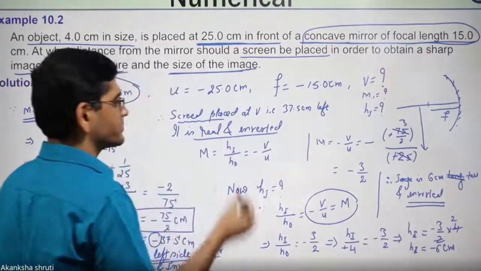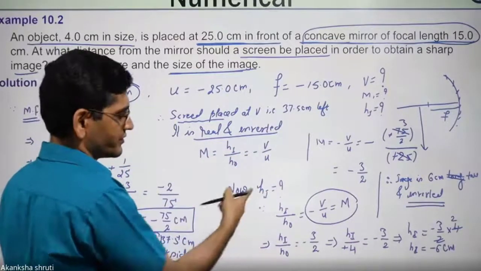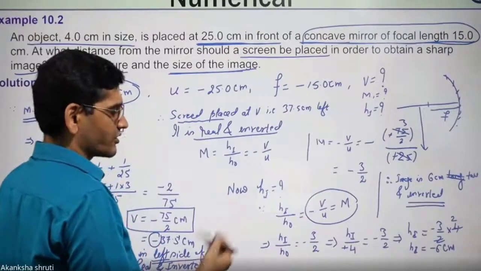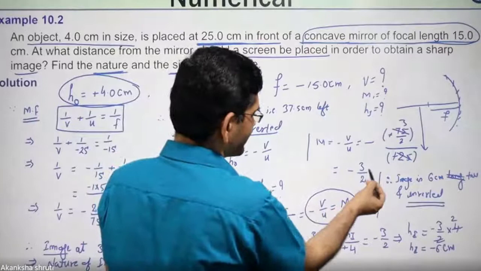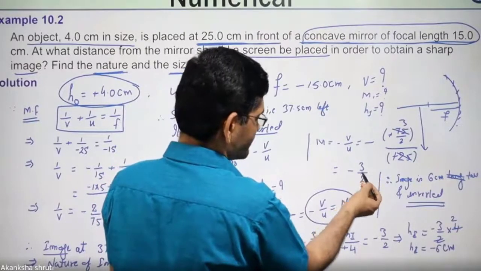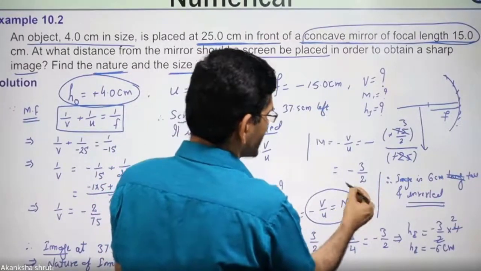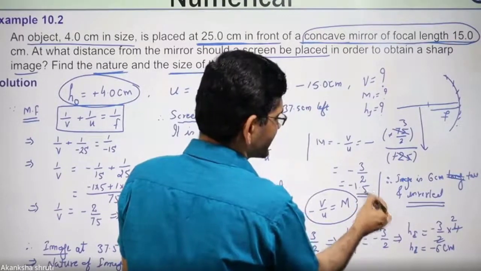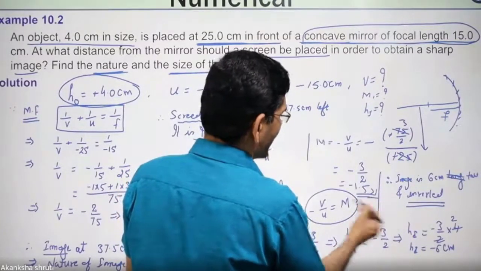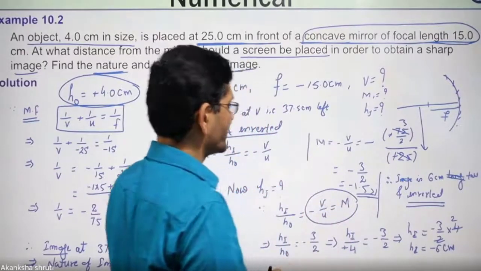Then the exact size of image or the height of image can be calculated by using this magnification. If magnification is asked, then it will be 1.5 times. So student, minus of 1.5 times means it is greater than 1, means a magnified image is formed.